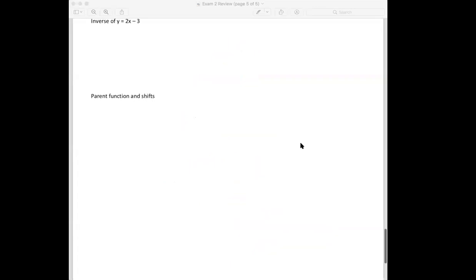Okay, let's take a look at parent functions and shifts. Say we have, maybe, the function y equals radical x minus 2 plus 3.